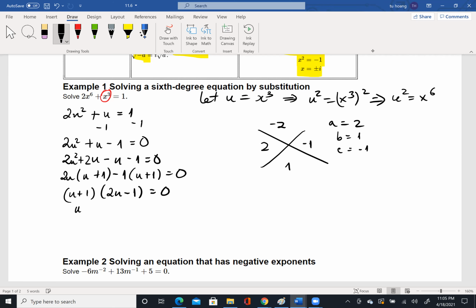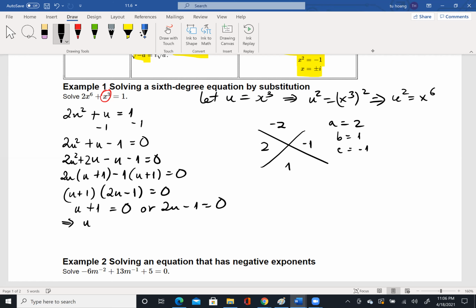And then I have u, then I will have apply zero probability, and I have x plus u plus 1 equals 0, or 2u minus 1 equals 0. Okay, so then I will have what?